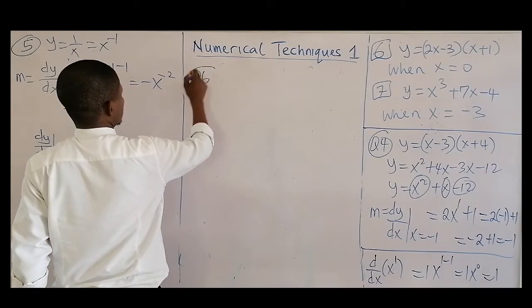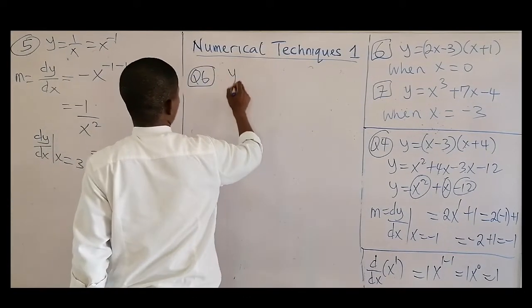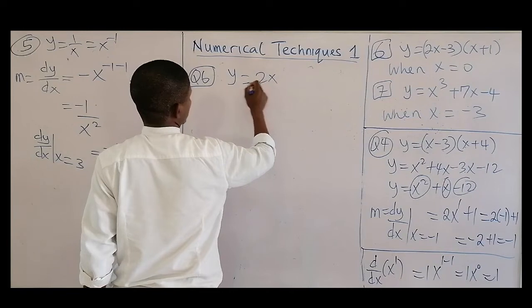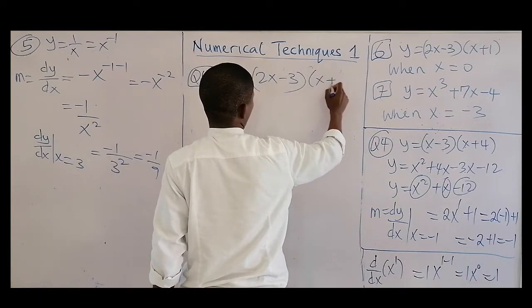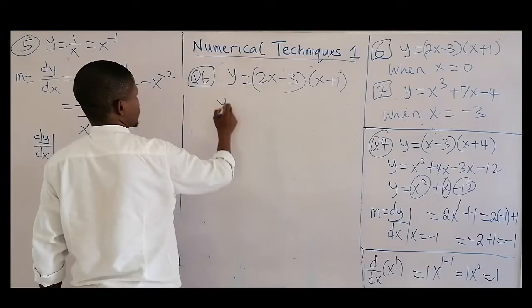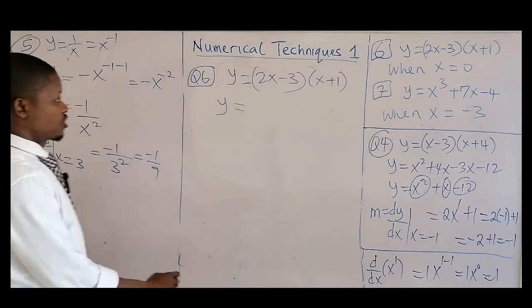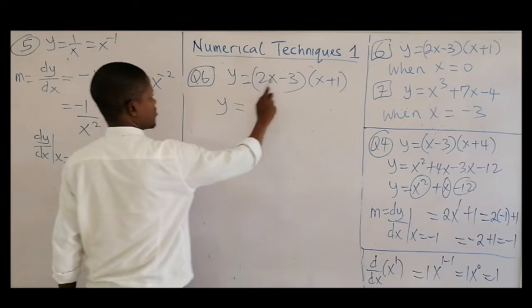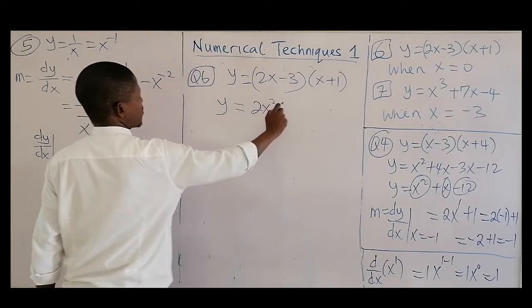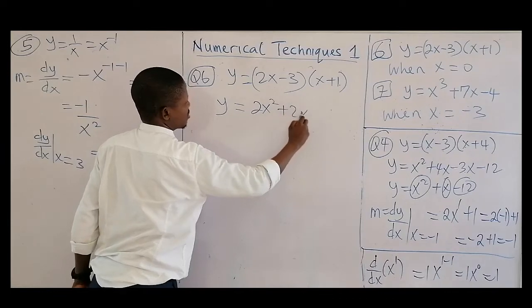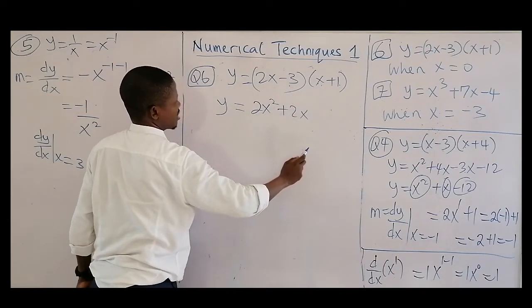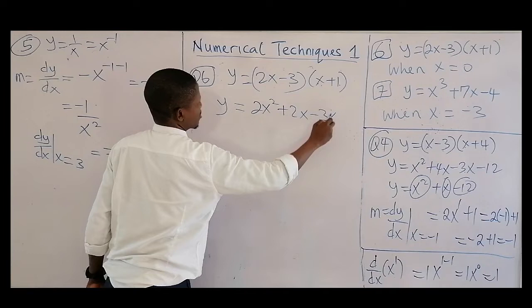Question 6. y equal to 2x minus 3 bracket x plus 1. Let's do the expansion before the differentiation. 2x times x, that's 2x squared. Then 2x times 1, that's plus 2x. Minus 3 times x, that's minus 3x.